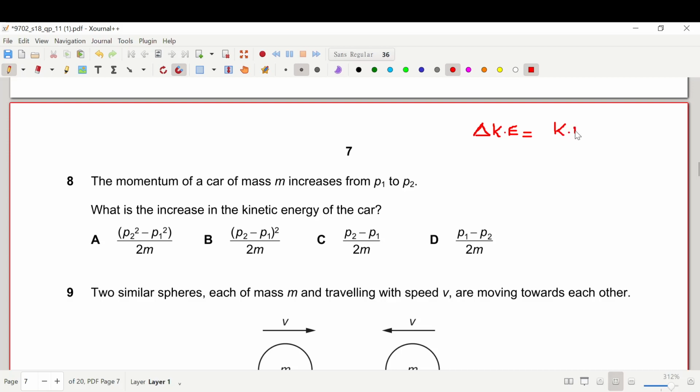This means that KE final minus KE initial. I will tell you why I'm considering this equation. Half mv2 square minus half mv1 square is v2 square minus v1 square. Now we have to create momentum.